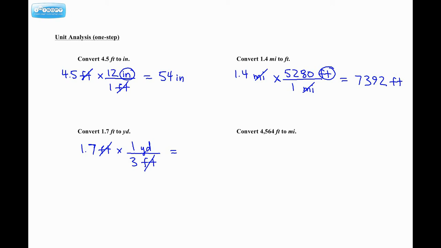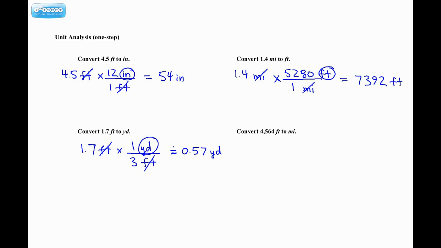So you take 1.7 and you divide it by 3, and you are going to get a repeating decimal. So I'll round this. This is going to give me 0.57. So I'm going to go to the nearest hundredth, and this of course is in yards. Okay. So 1.7 feet is a little more than half a yard.